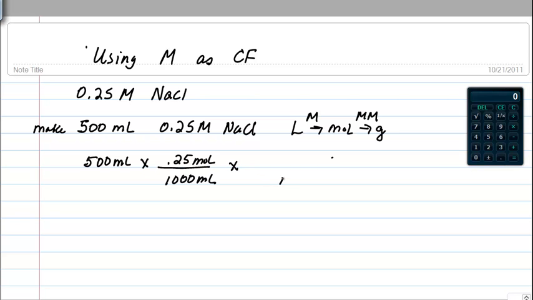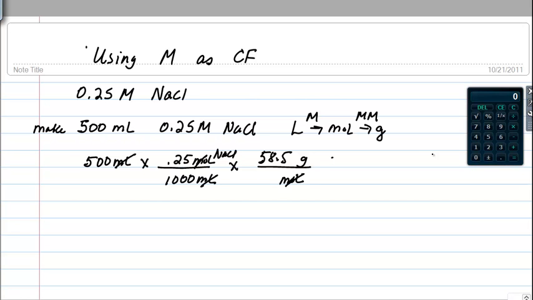And finally, I want to get rid of the moles, and I need to turn it into grams. And for NaCl, there are 58.5 grams per mole. At some point in here, you would need to put in the NaCl, because that's what your solution is. So my milliliters cancel out, my moles cancel out, my answer's in grams.